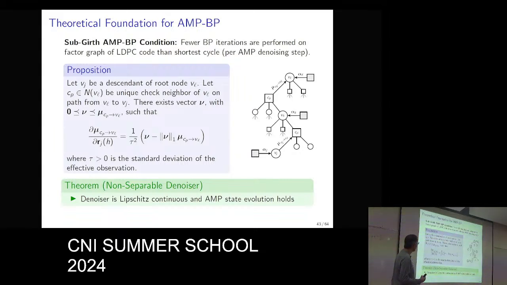And in particular, you need the function to be Lipschitz. So one of the challenges that we had in creating this AMP-BP decoding algorithm is to show that BP decoding is actually continuous. It's actually Lipschitz.